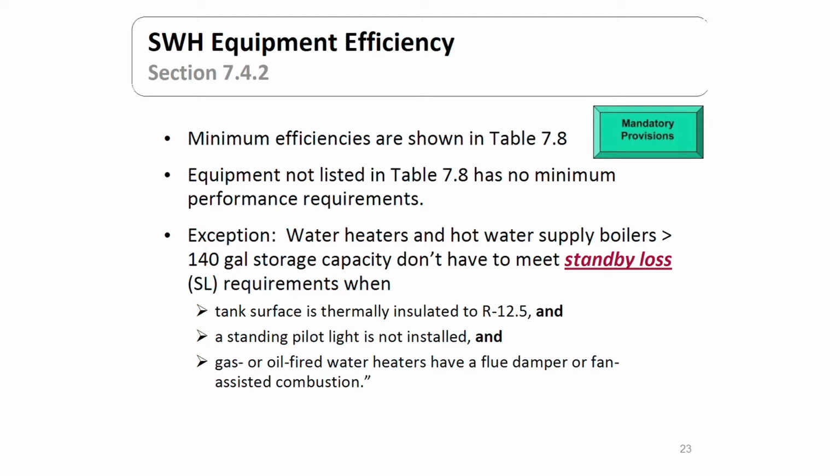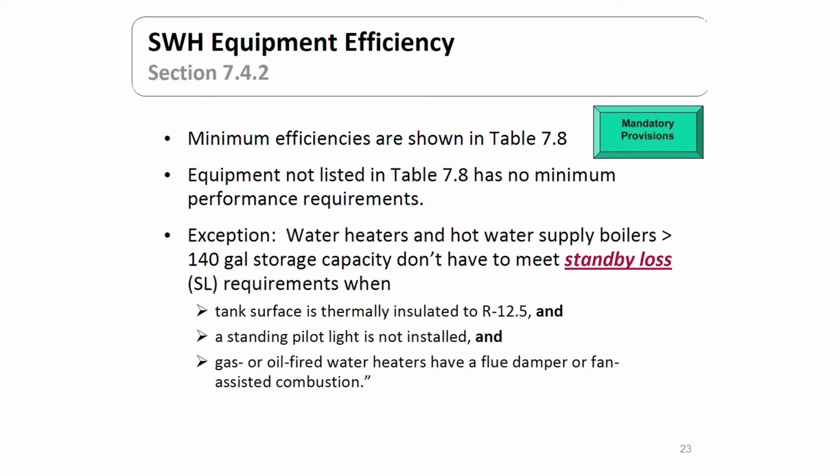What we'll be looking at in table 7.8 will show the water heater efficiency requirements for the heater itself, and it also shows standby losses. They denote those as SL. The exception, however, to the requirements is if your water heater and water supply boiler is greater than 140 gallons, that storage system does not have to meet the standby losses.